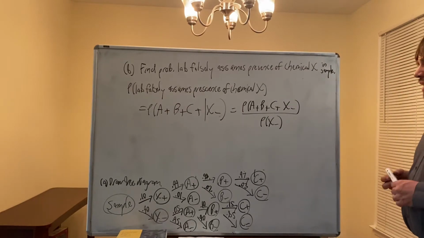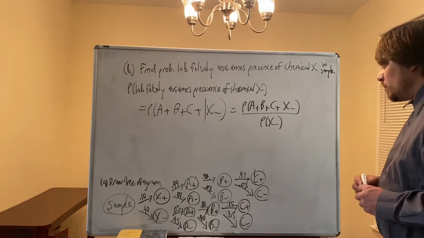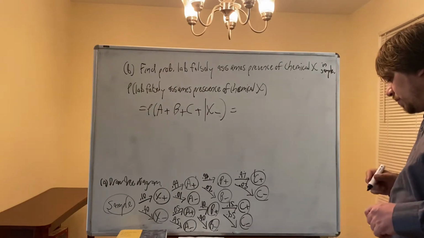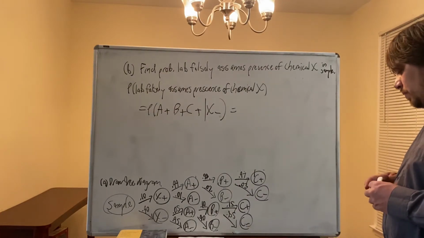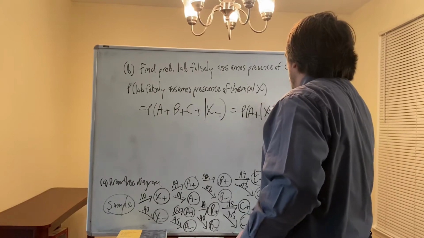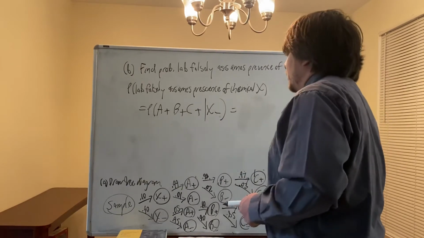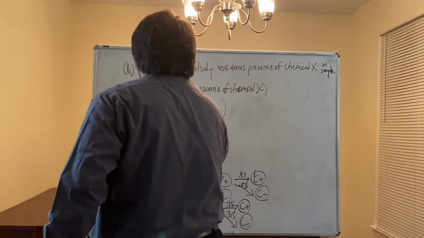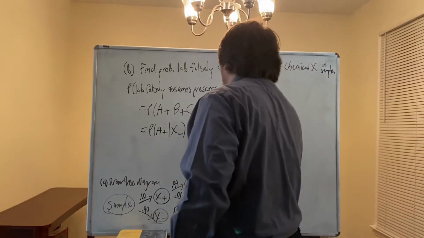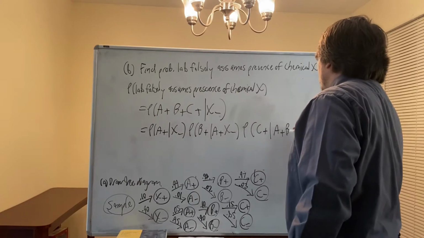Okay, and so what is that? Then that's equal to the probability of A plus given X minus, times the probability of B plus given A plus and X minus, times the probability of C plus given A plus, B plus, and X minus.